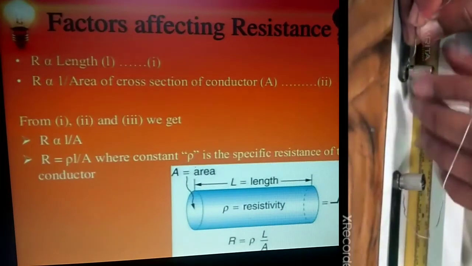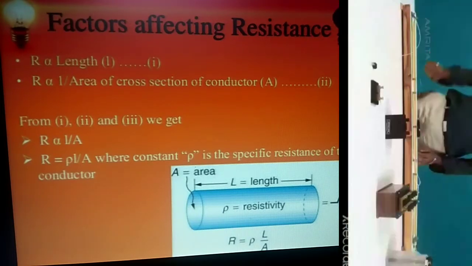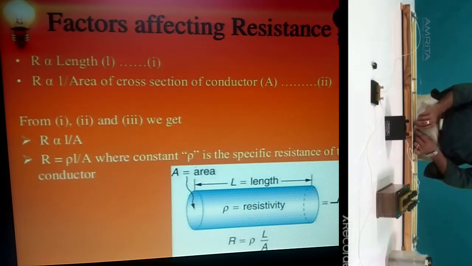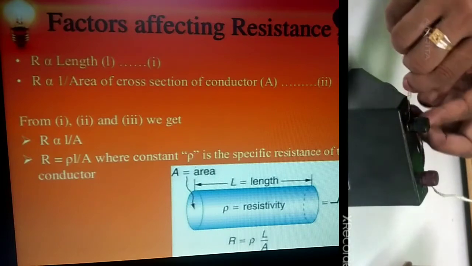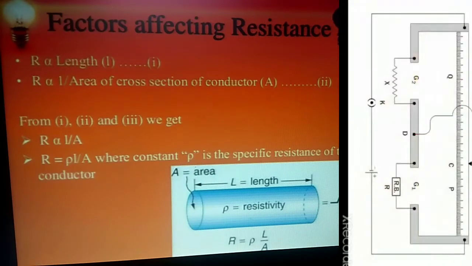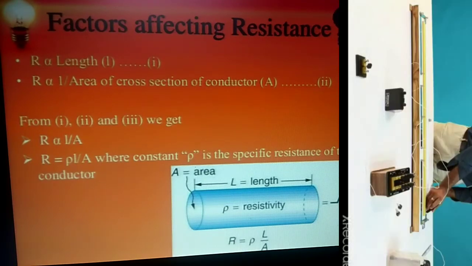From equation 1 and 2, we get R is directly proportional to L by A, or R is equal to rho L by A, where rho is a constant called the specific resistance or resistivity of the conductor.